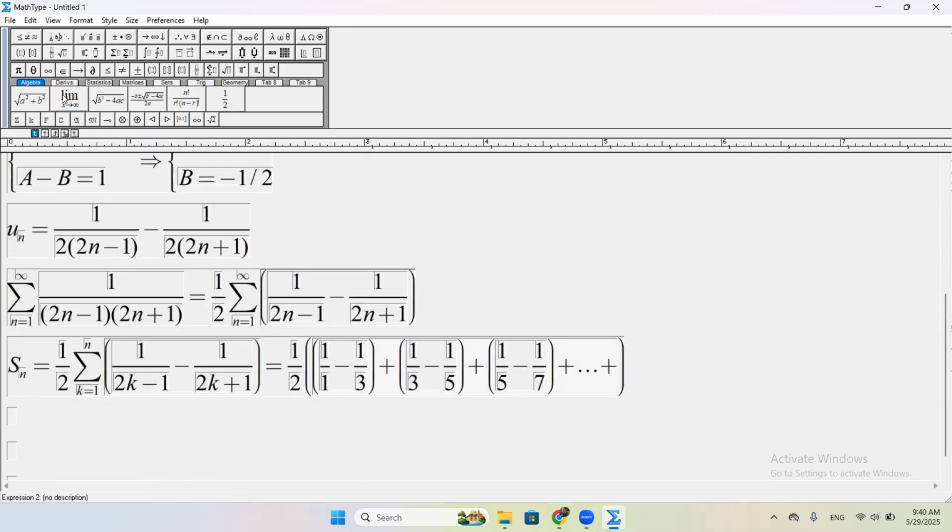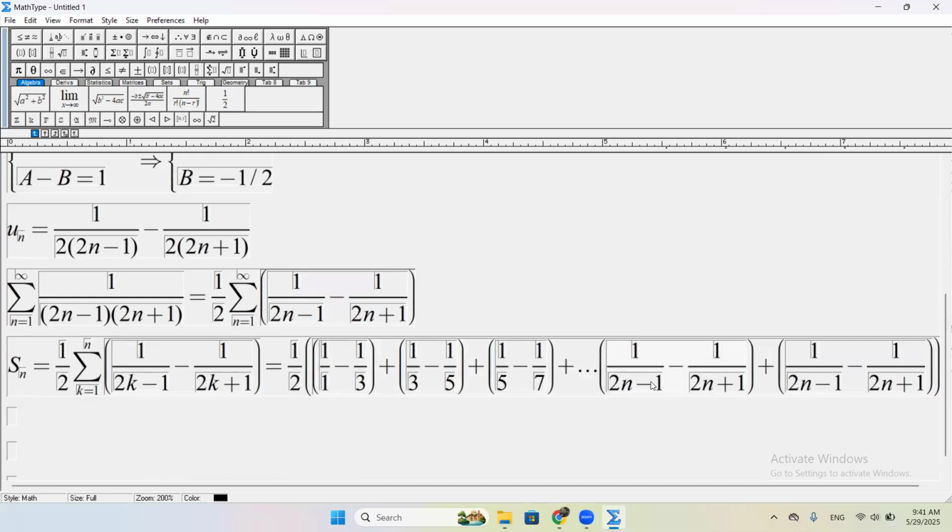And continuing calculating, to the nth term. So writing it down, and let us write down the previous one: 2n minus 3 and 2n minus 1.